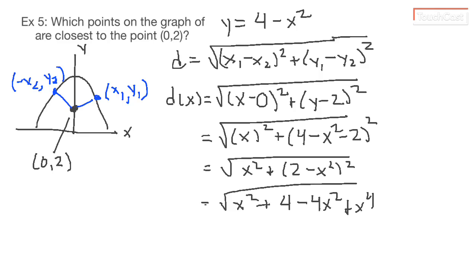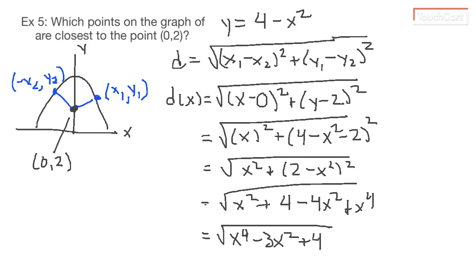And we can clean that up a little bit as well. So our distance function is going to be the square root of x to the 4th. I'm writing this one in standard form. We can combine those x squared terms, get minus 3x squared plus 4.